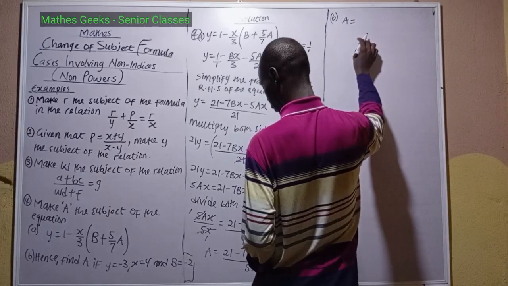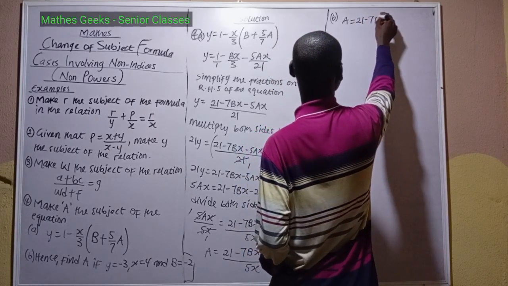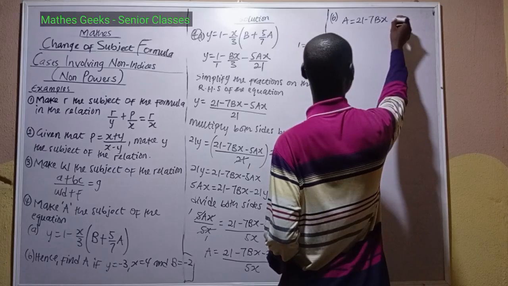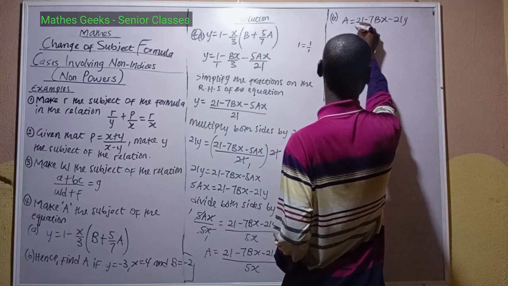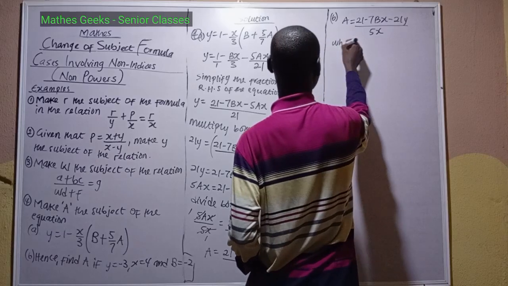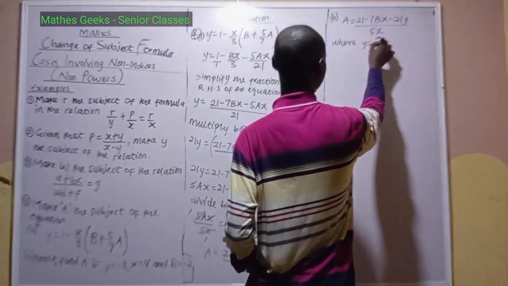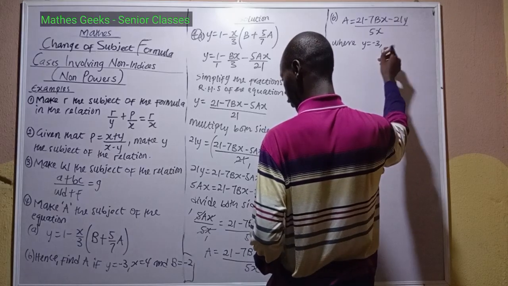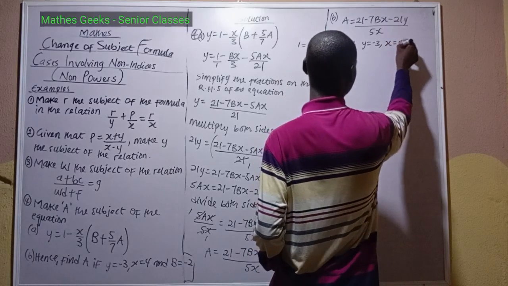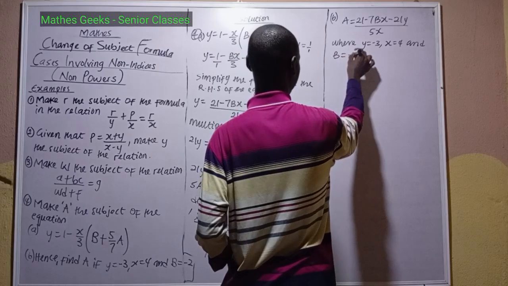A is equal to 21 minus 7BX minus 21Y over 5X, where Y is minus 3, X is 4, and B equals minus 2.